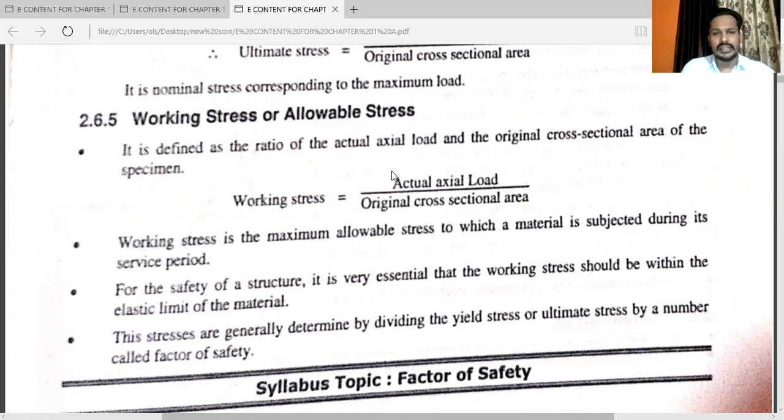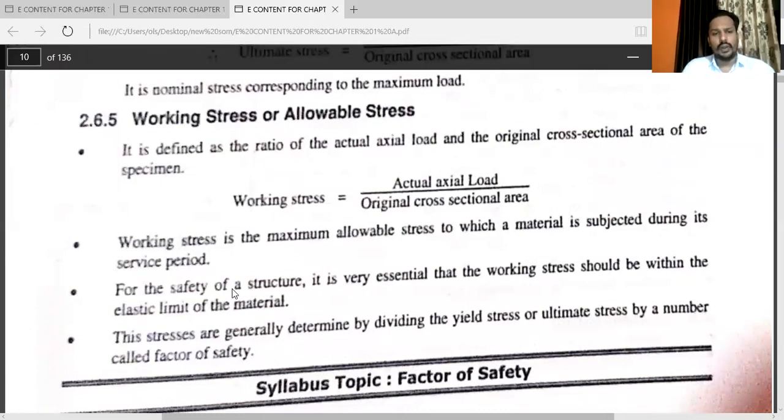It is defined as the ratio of actual axial load and the original cross-sectional area of the specimen. Formula for working stress is nothing but actual axial load upon original cross-sectional area. So here working stress is the maximum allowable stress to which a material is subjected during its service period.